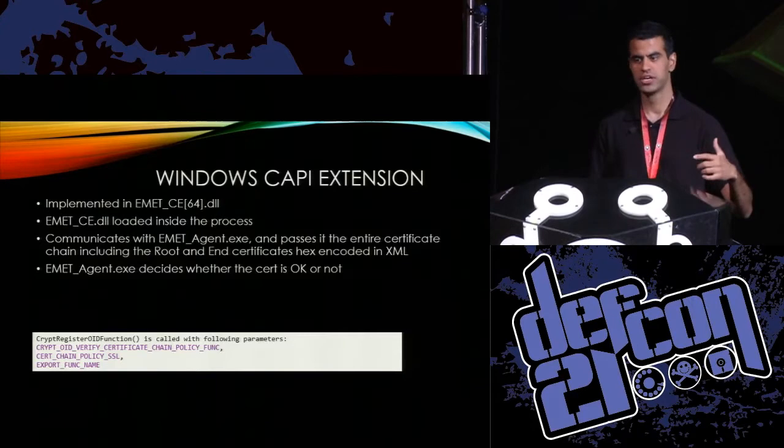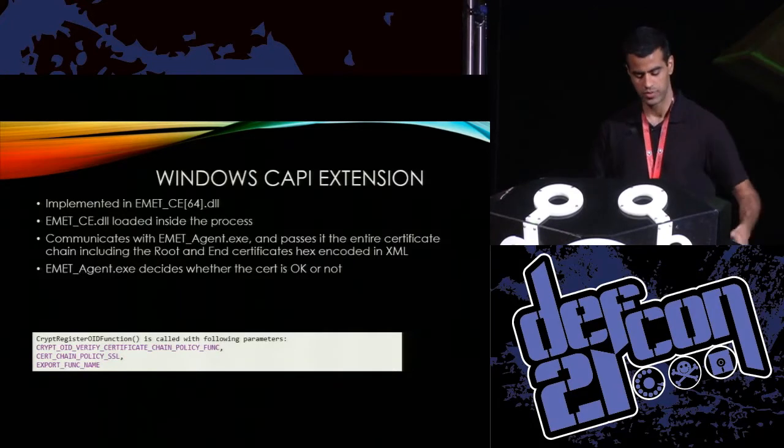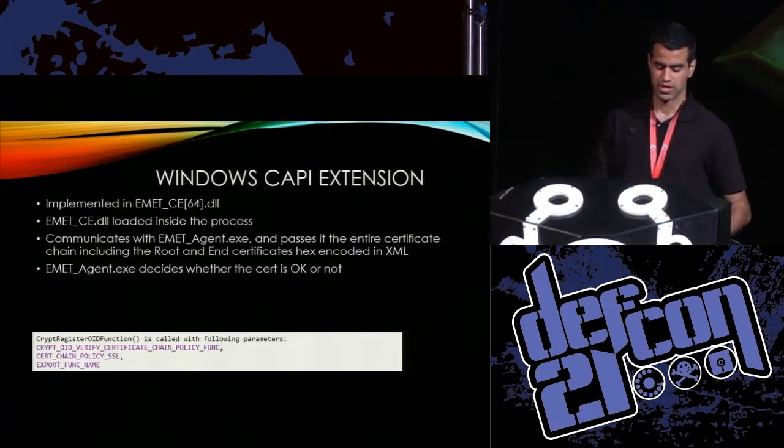Then the EMET agent makes a decision about whether or not the certificate is okay. As you can see at the bottom, we have the little CryptRegisterOID function, a code snippet, and you can see that we specifically target SSL there. So this is specifically for SSL checks.